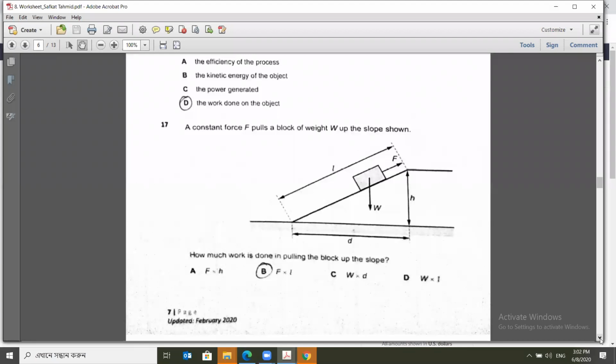Sir, we can use F into H when an object is falling towards the ground. No, not only falling. You should say when something is working against the gravity, that time we take the vertical height, and W into H is used.